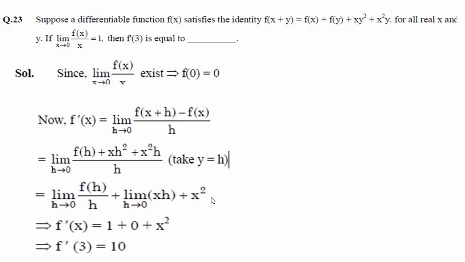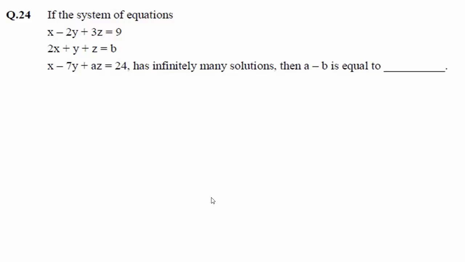We will get limit h tends to 0 of f(h)/h plus limit h tends to 0 of xh plus x². This implies f'(x) equals 1 + 0 + x², and hence f'(3) equals 1 + 9, that is equal to 10. Hence the answer is 10.